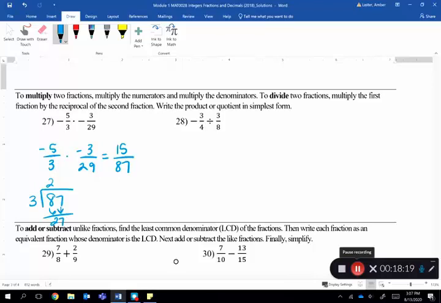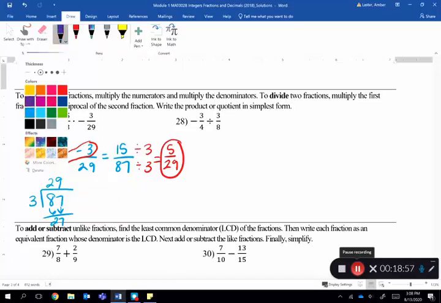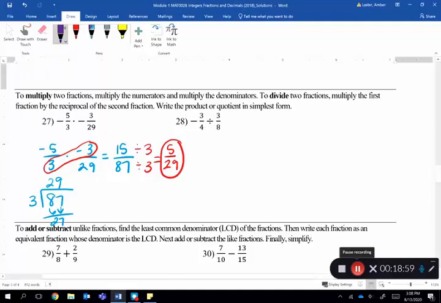Bring down my 7, 29, right? Which is actually what we started with, because we could have simplified crossways here if we wanted to. But instead we're going to divide the top and the bottom by 3 after we multiplied, which would give us 5 over 29 would be the correct answer. If you answered 15 over 87, you would get it wrong because it's not in simplified form.